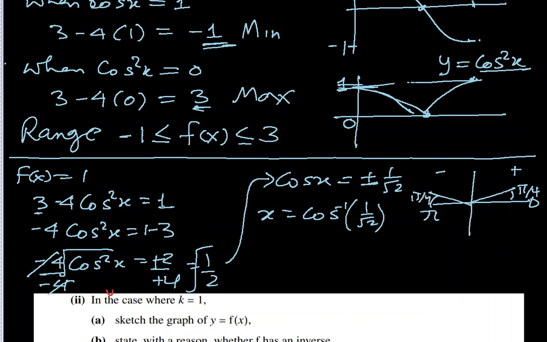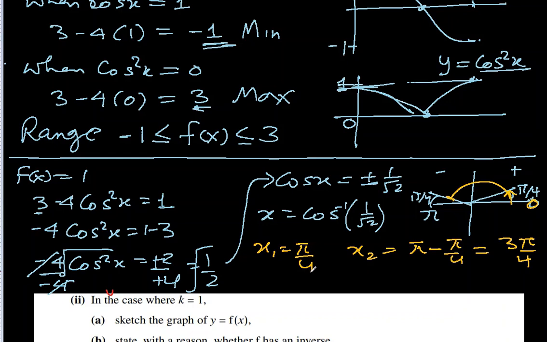So what is your first answer? x1 will be, again starting from 0, just like the previous question, pi by 4. x2 will be this angle up to here, which is pi minus pi by 4, which is 3 pi by 4. These are the two answers.